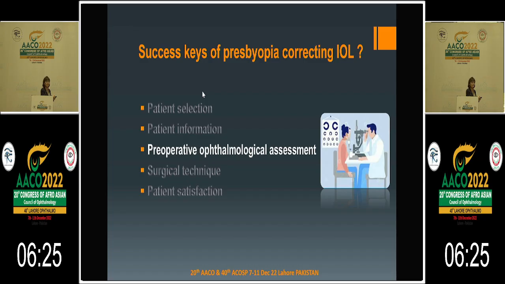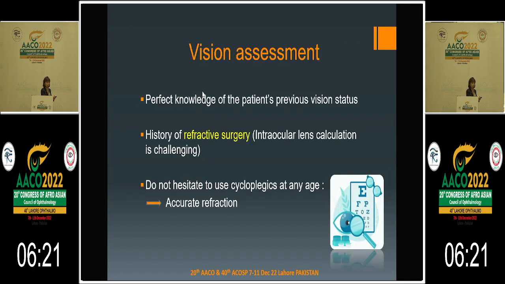The third key is the pre-operative ophthalmologic assessment. We have to know perfectly the patient's previous vision status, and especially the history of refractive surgery. As Dr. Semi said, it is challenging to calculate the IOL after refractive surgery.